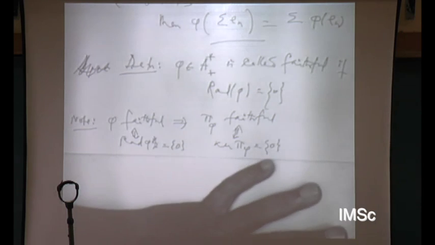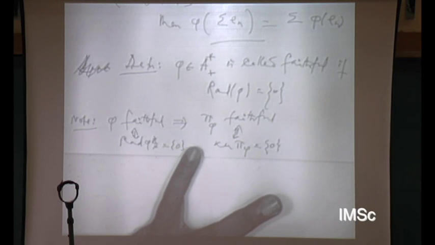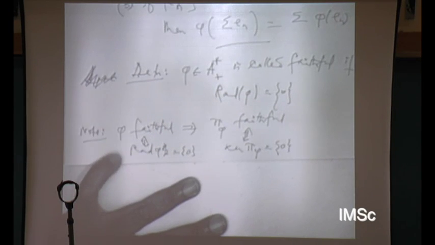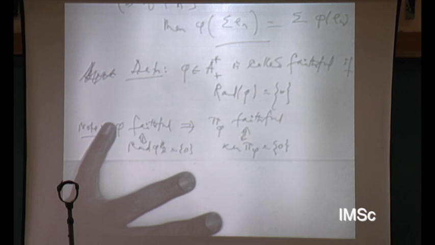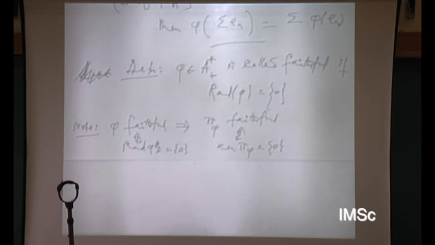Because the only ideals are zero or everything. Right? But there are certainly positive functionals on the matrix algebra. Take the 1-1 entry of the matrix. That is a positive functional. But that is not faithful.